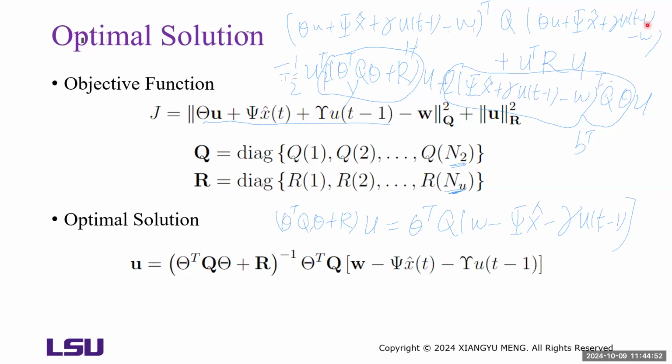If we assume that theta transpose Q theta plus R is invertible, then we can find the optimal solution. We take the inverse, so U will be theta transpose Q theta plus R inverse, then theta transpose Q times W, the reference vector, minus phi times the state estimate, minus gamma times the last control input.